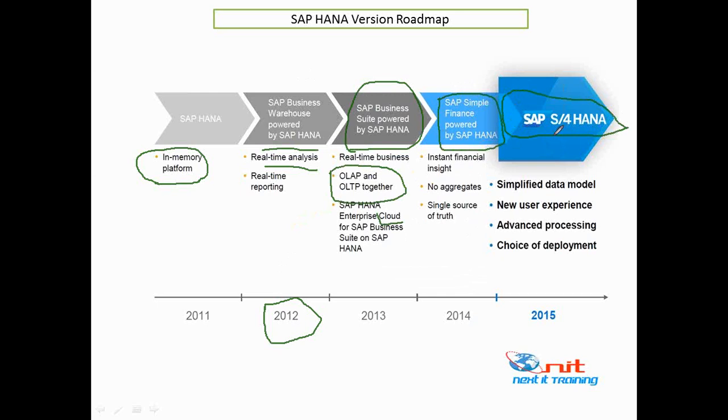Everything is a single system with all the applications that you want. So you don't need to do a huge amount of middleware related activities here. Simply you can access and work on any application that you install on S/4HANA in a single box. You don't have a separate box for each application. So that is the latest one we have, S/4HANA.